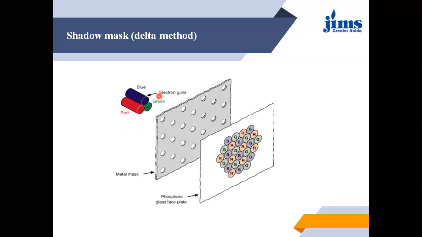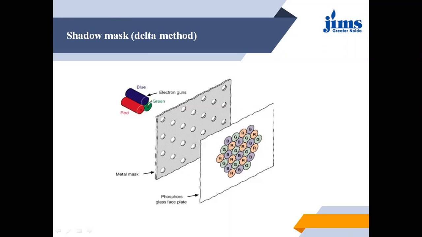So when the combination of these three beams strikes the phosphorus, and the phosphorus glass also contains three colors, blue, green, and red in a pixel, the electron beam is going to pass through the metal mask.